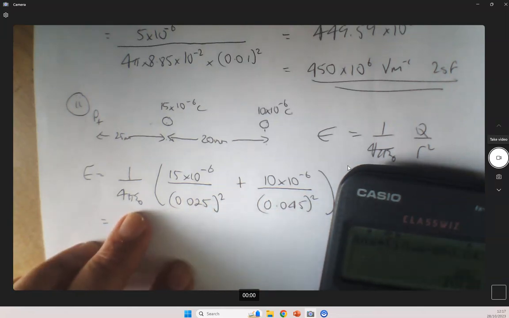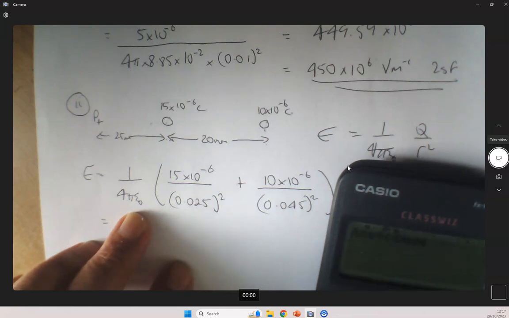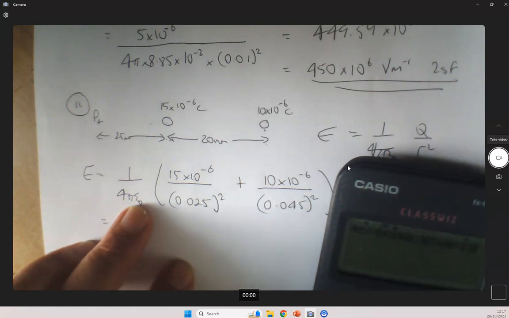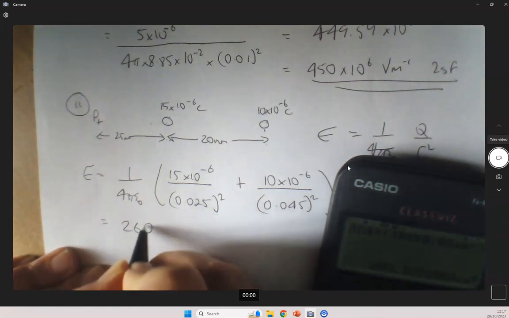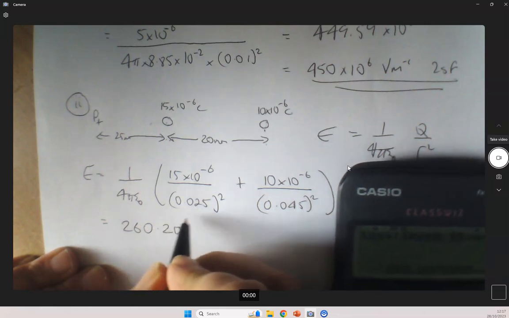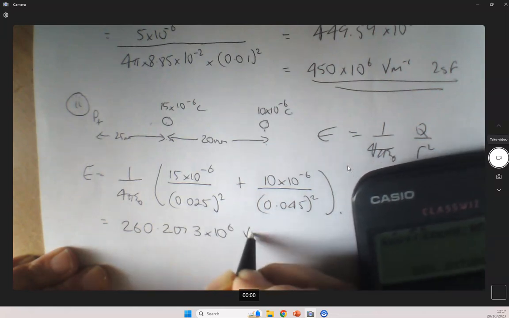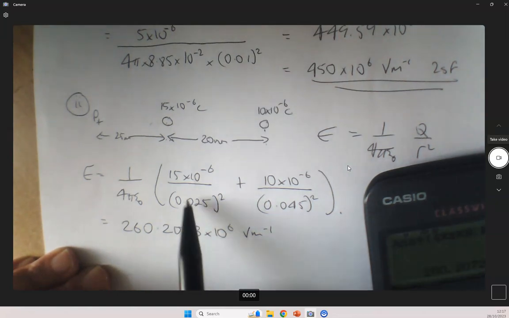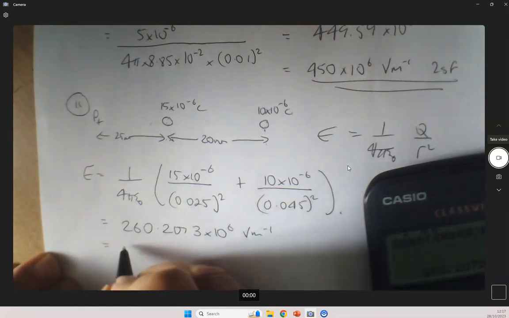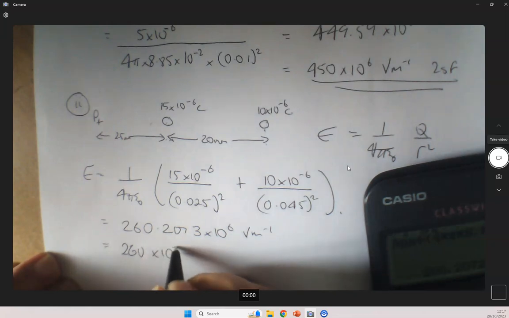Then all of that is going to be divided by 4 times pi times 8.85e to the minus 12 for the permittivity of free space. Hitting the ENG button, that gives me an answer of 260.2073 times 10 to the 6 volts per meter. Two significant figures everywhere, so I'm going to write 260 times 10 to the 6 volts per meter.